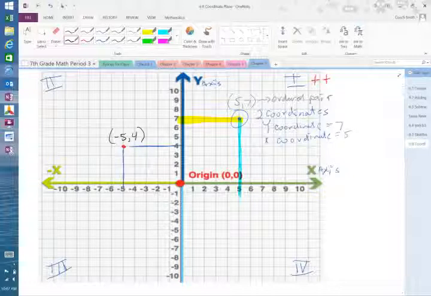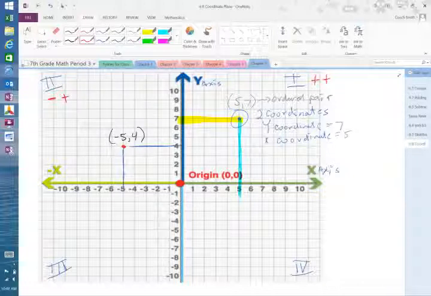If you don't have the parentheses, if you don't list them in order properly, it is wrong. So if you list the coordinates for that point as 4, -5, that would be wrong. So obviously don't do that. All right, now, let's look at the other one. So here, then, it is negative, positive are your coordinates. The x is always going to be negative. The y is always going to be positive.